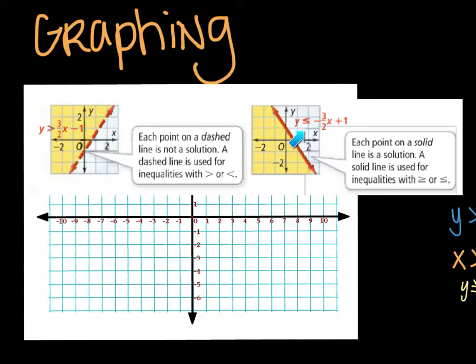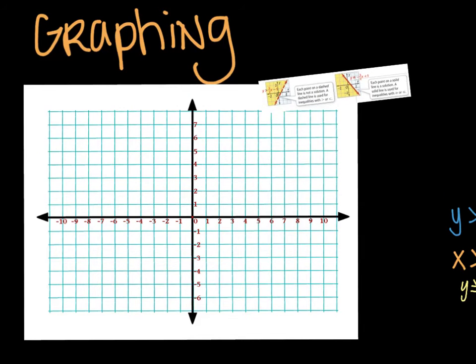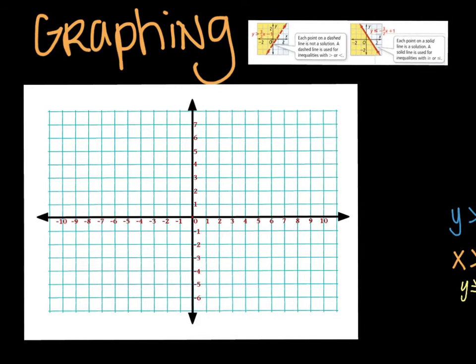Here we have a less than or equal to symbol. And that, you see, is a solid line, and then you shade where the solutions would be found, because there will be more than just one solution. There will be many. So the example we're going to do first is y is greater than x minus 2.